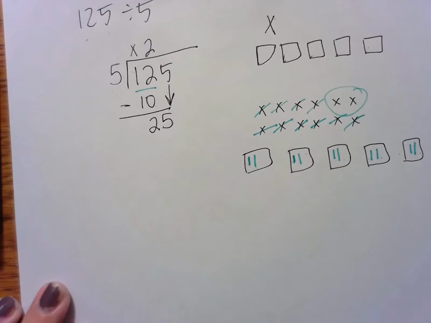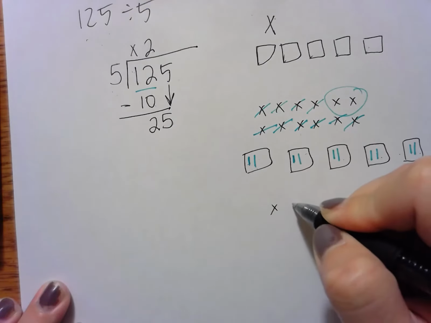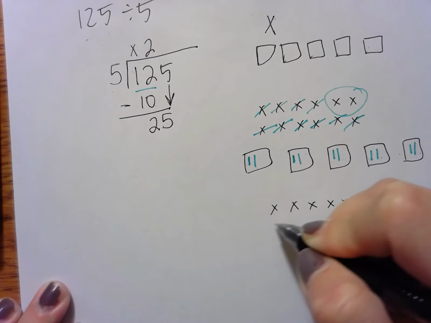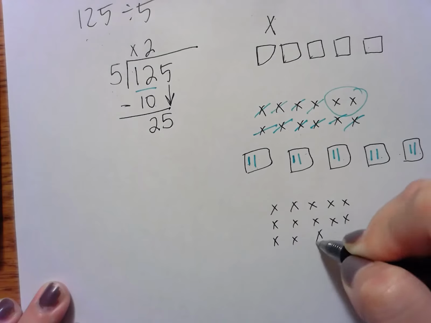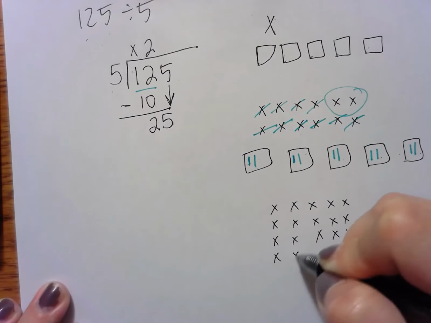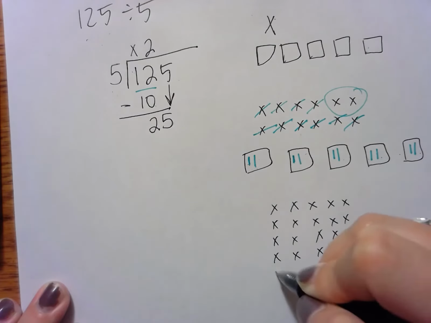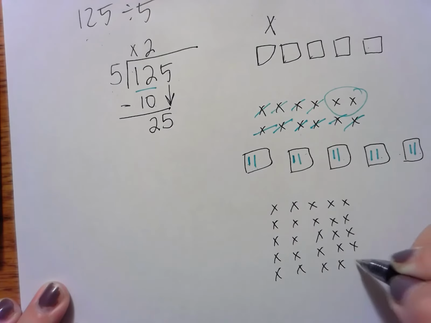So I can do that. I can draw 25 X's. 1, 2, 3, 4, 5, 6, 7, 8, 9, 10, 11, 12, 13, 14, 15, 16, 17, 18, 19, 20, 21, 22, 23, 24, 25.